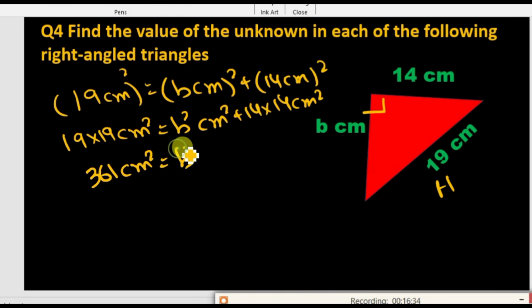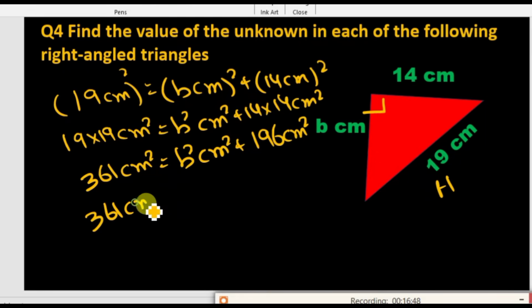This is the b square centimeter square, and 14 multiply 14 is equal to 196 centimeter square. So 361 centimeter square minus 196 centimeter square. One number is plus, and when we convert it to the left hand side, the sign automatically changes to minus, is equal to b square centimeter square.